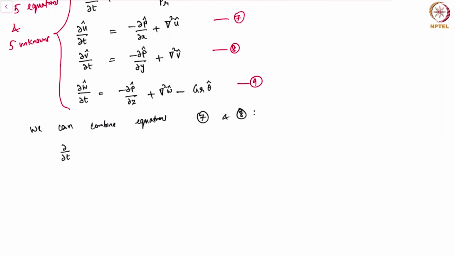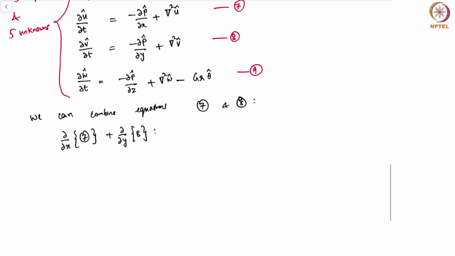Let me just do it sequentially. So we take a del by del x of equation 7, and we will add it to del by del y of equation 8. This is what we're going to do.